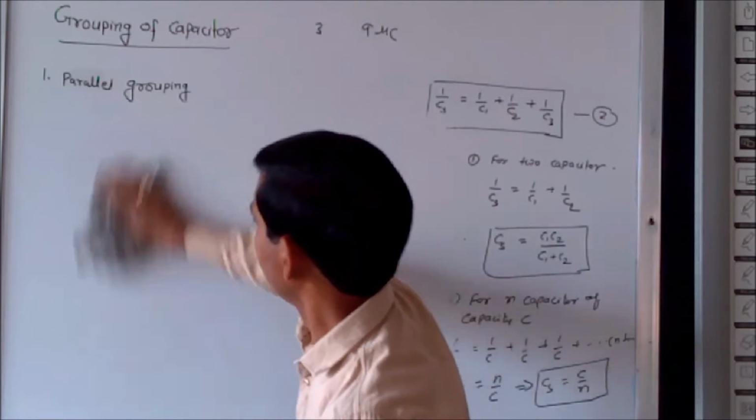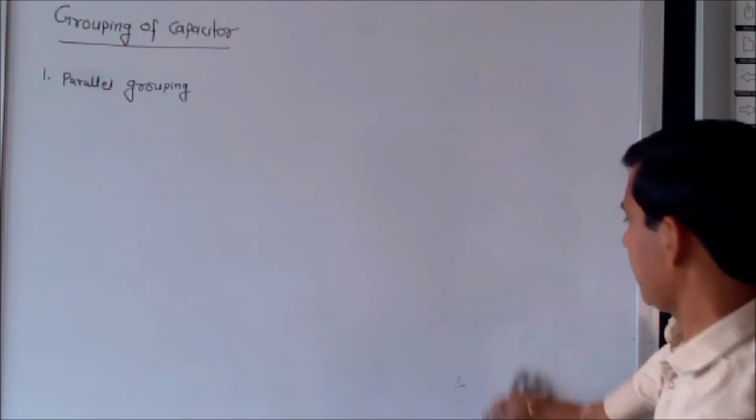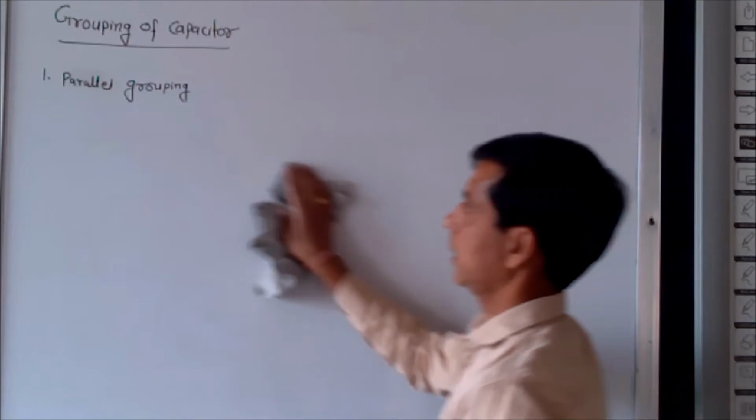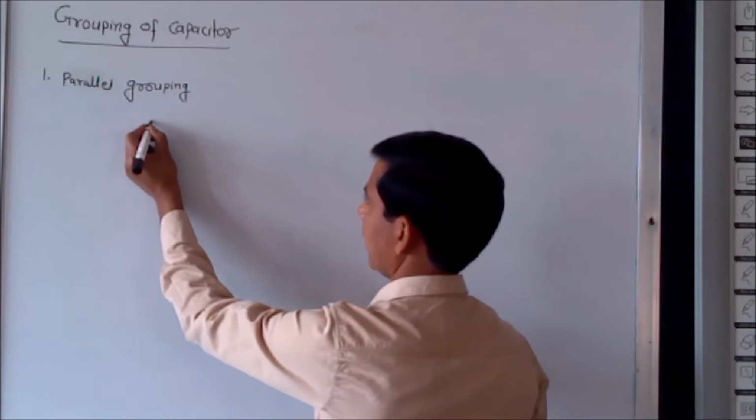In parallel grouping, the first plate of all capacitors is connected to a common point, and the second plate is connected to another common point.